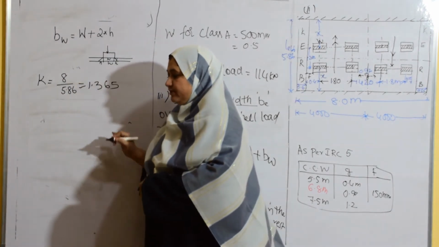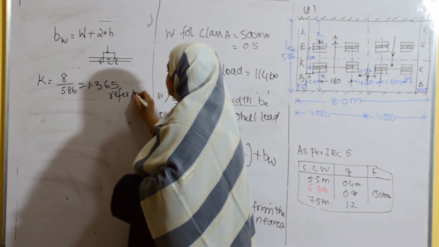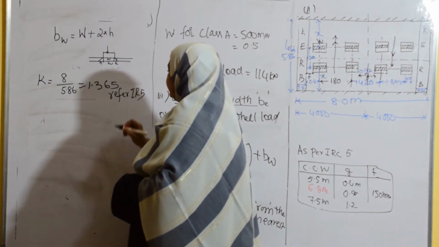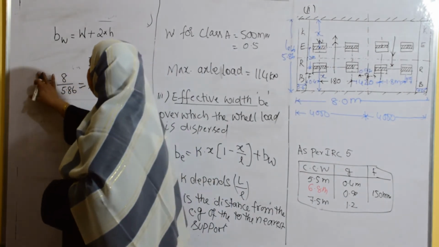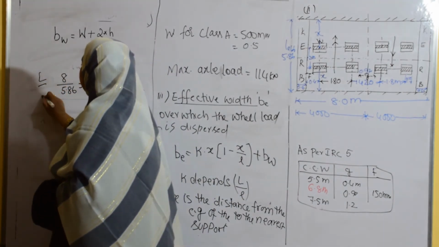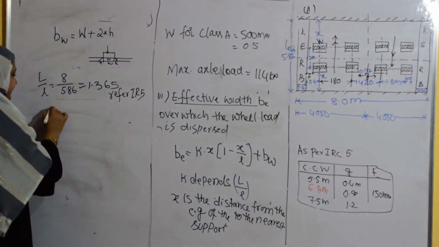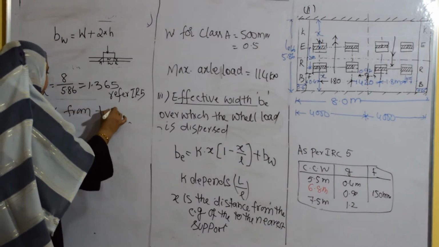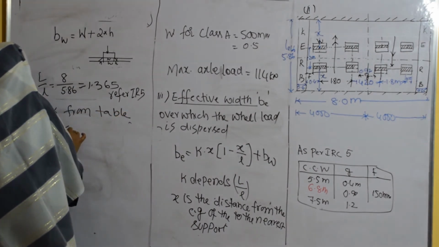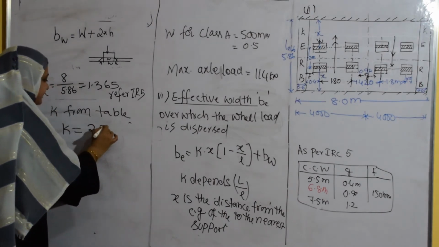Now if you refer to the table of IRC 5, this is the value of L by l. For this value of L by l, we get K from the table. The value of K I am taking is 2.772.